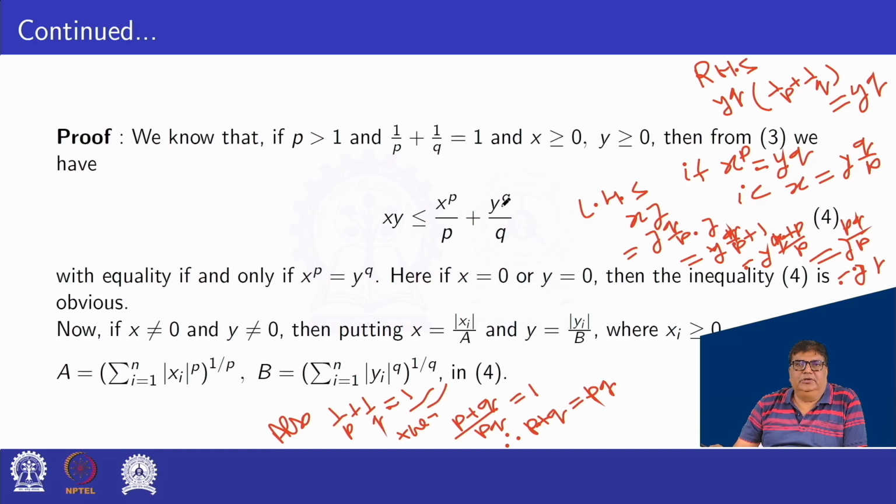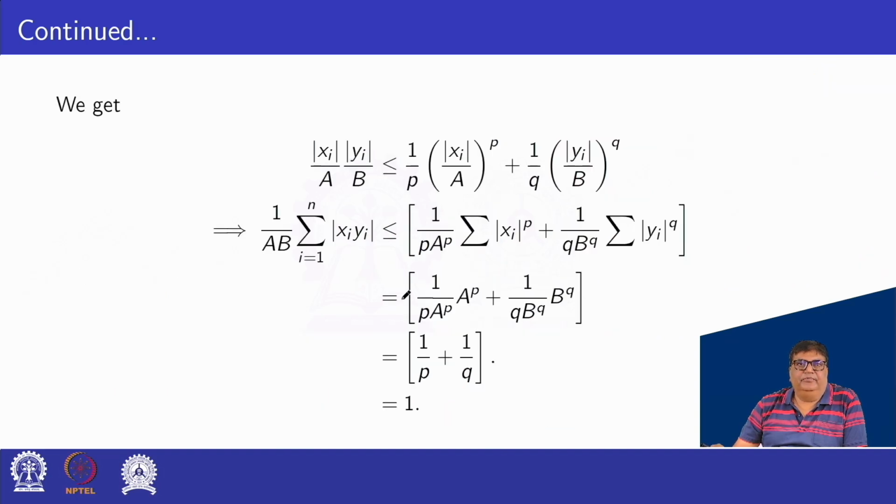Okay, this is equation 4. Then we have mod xi upon a into mod yi upon b less than or equal to 1 upon p into mod xi upon a to the power p plus 1 upon q into mod yi upon b whole power q.